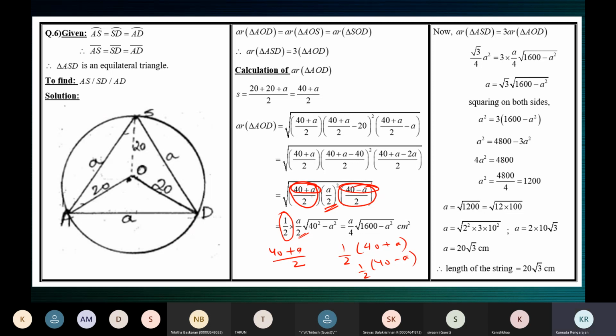All right. Now we've got the area of the triangle. We have found the area of one of the small triangles, AOD.